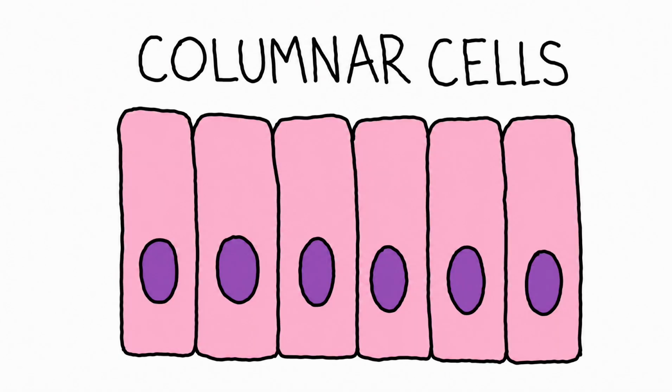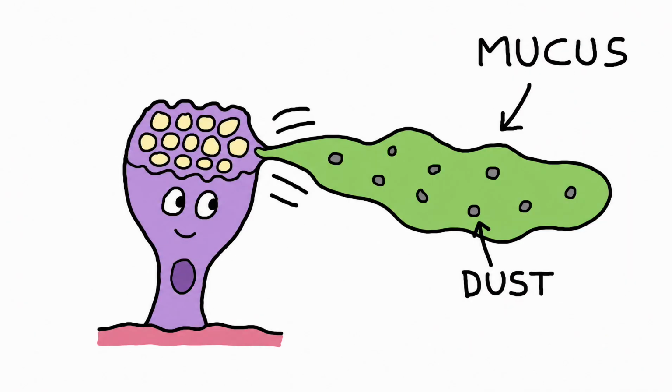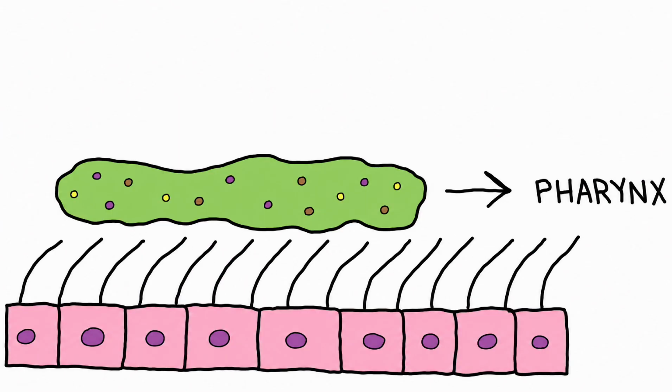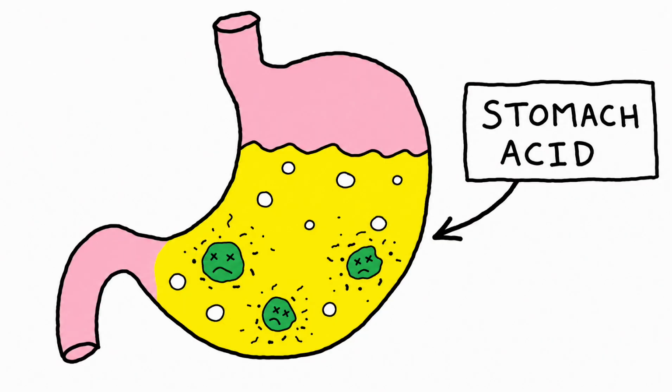Pseudostratified ciliated columnar epithelial tissue is going to contain goblet cells interspersed throughout the tissue to help produce mucus. And the particles and microorganisms from inhaled air actually get trapped in the mucus. Okay, and what happens is that cilia sweep the mucus towards the pharynx, and then that microorganism is swallowed, and the mucus is destroyed in your stomach by your stomach acids and contents.